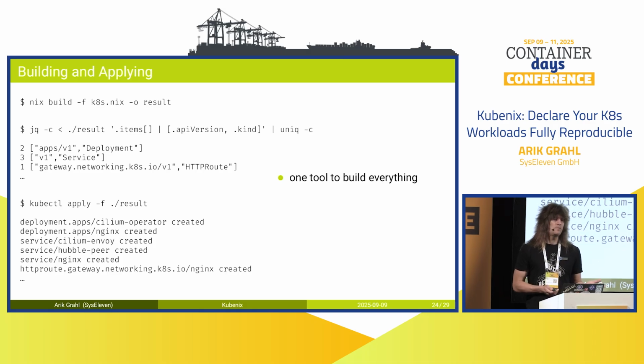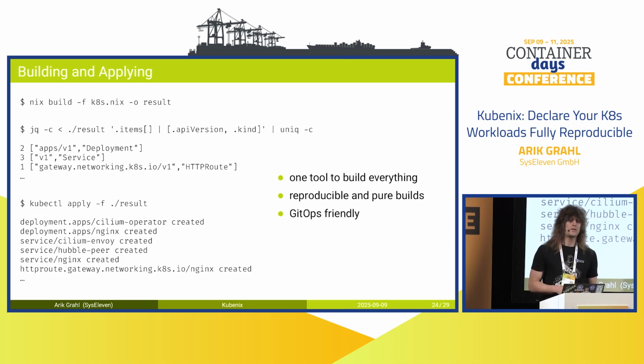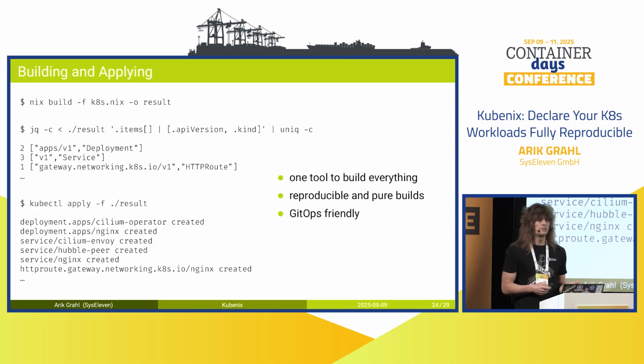So the real power here: with Nix, we have one tool to build everything, from configuration to rendered manifest. In fact, Nix even gives us fully reproducible and pure builds. Everything can be tracked, versioned, and rebuilt identically, perfect for debugging and auditing. This property also makes the workflow very GitOps friendly, if you'd like to roll this out for your team.